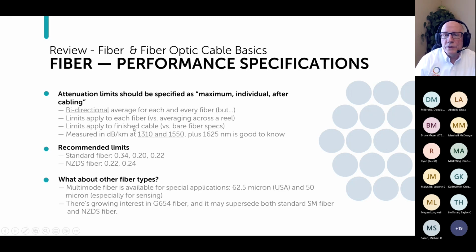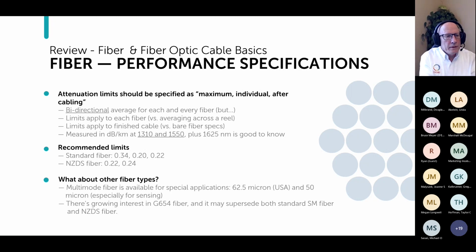The limit should apply to the finished cable versus the bare fiber specifications. You can get a spec sheet from Corning and OFS and any other supplier, and out their factory door, the fiber is going to have a certain attenuation characteristic. But when a cable company takes that fiber, they have to handle it.